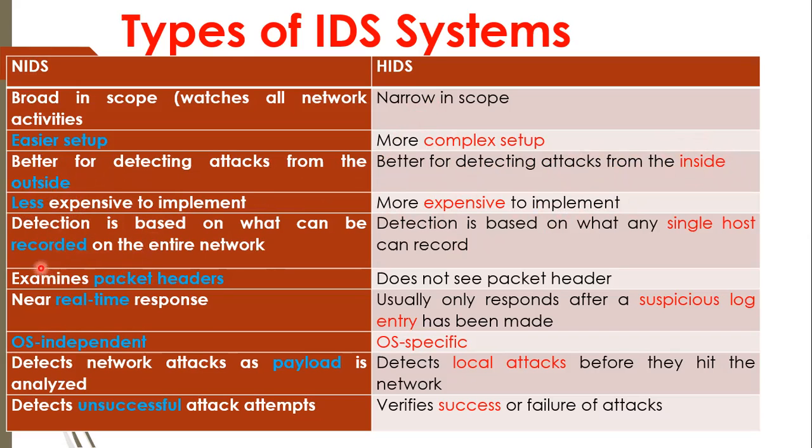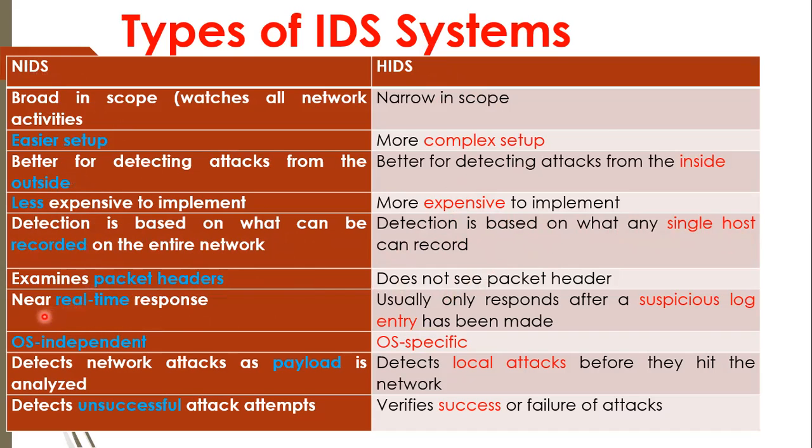NIDS completely depends on the recorded data of the entire network, whereas in HIDS, detection is based on what any single host can record. In NIDS, very low-level inspection is done, packet header inspection, but in HIDS it is not necessary.